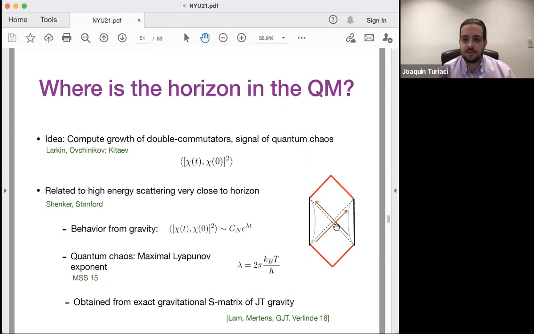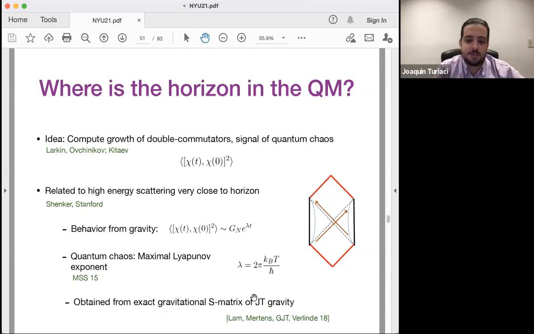There is a blue shift, the energies are very large, and you can derive a universal behavior from gravity that is exponential as expected, with this value of lambda, the Lyapunov exponent. Unitarity and causality tell you that this is actually the maximal value of lambda that you can have. This is the maximal chaos, the chaos bound. So a quantum mechanical system dual to a black hole should be maximally chaotic.